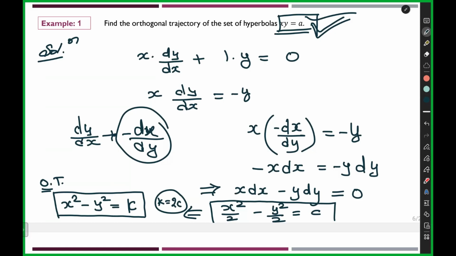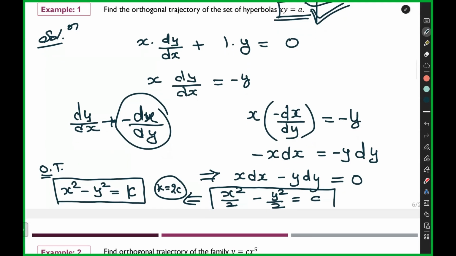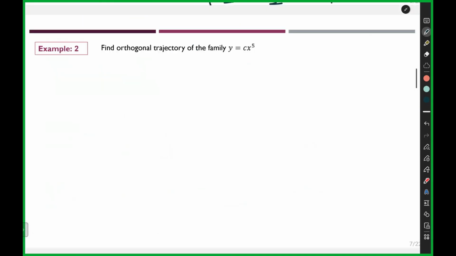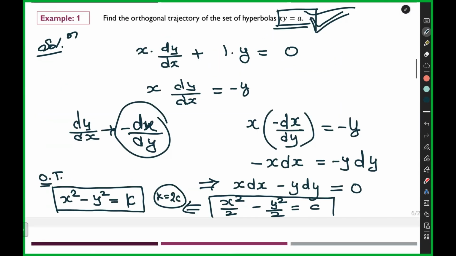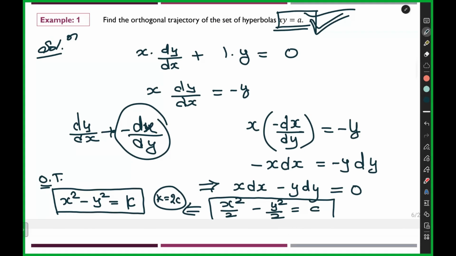Yes, sir. Okay. So now we will work with another example. When we require it in polar form, I think in Cartesian form it is easy to understand and easy to do because we have only replaced dy by dx with minus dx by dy.